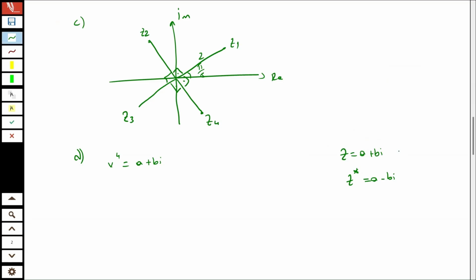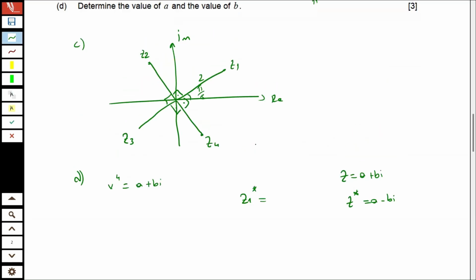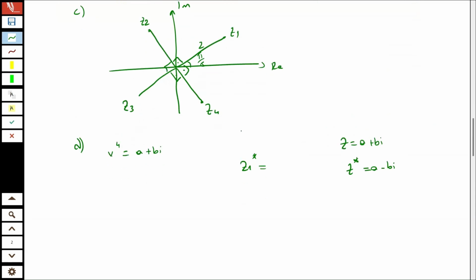In this case, we can say that the conjugate of z1 is going to be, first positive and then negative.